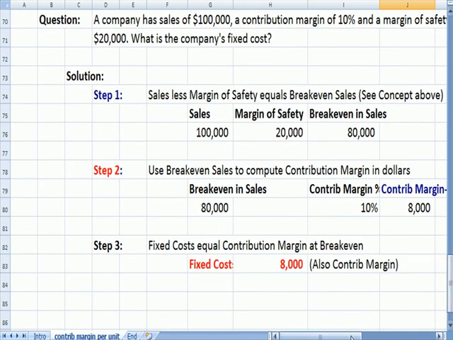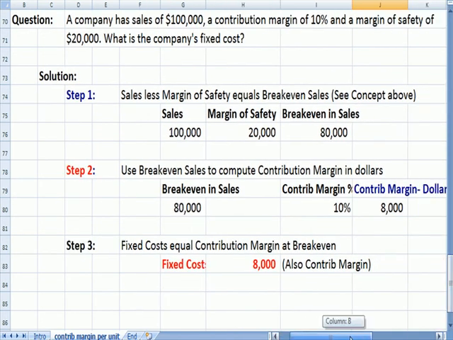So here's the question, and it's a tricky one. A company has sales of 100,000, a contribution margin of 10%, and a margin of safety of $20,000. Again, you got to say dollars versus units. And the question is, what are the company's fixed costs? So step one is, if I have sales and I subtract my margin of safety, by definition, that gets me to my break-even.